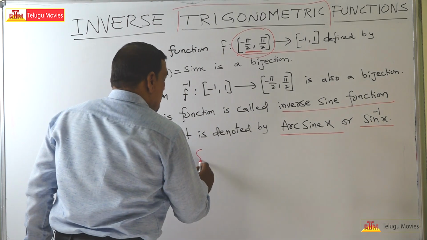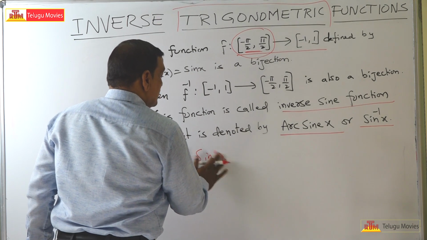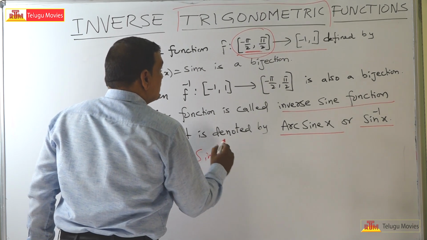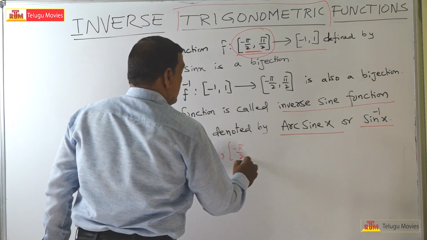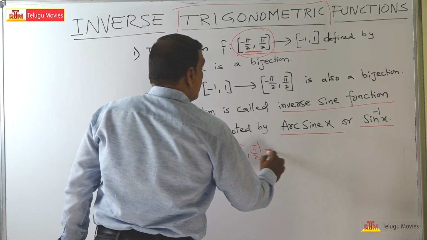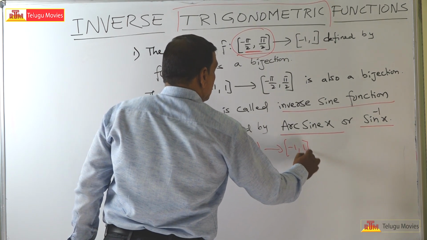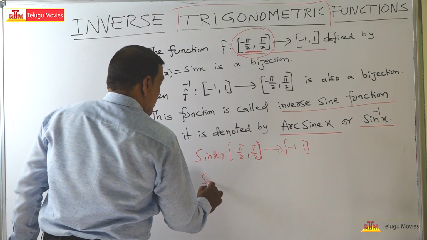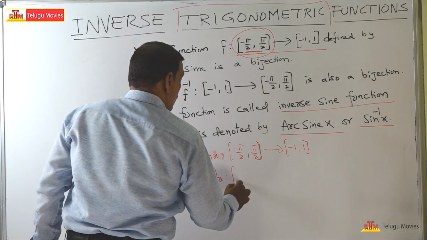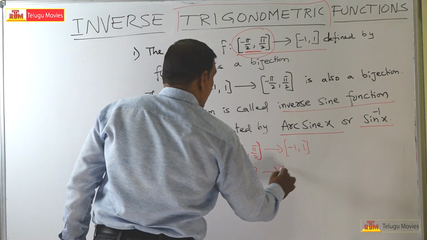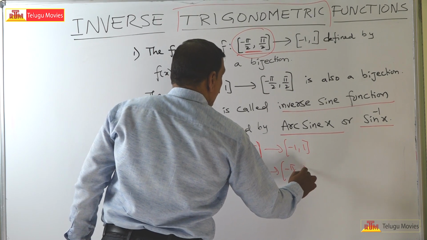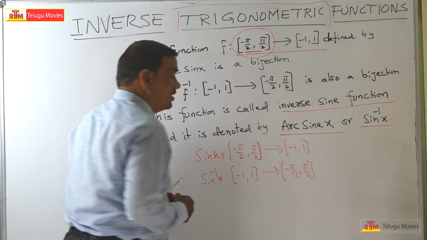That means if your sin x function is from minus pi by 2 to plus pi by 2 onto minus 1 to 1, then your sine inverse of x is from minus 1 to 1 onto minus pi by 2 to plus pi by 2. Understand this?